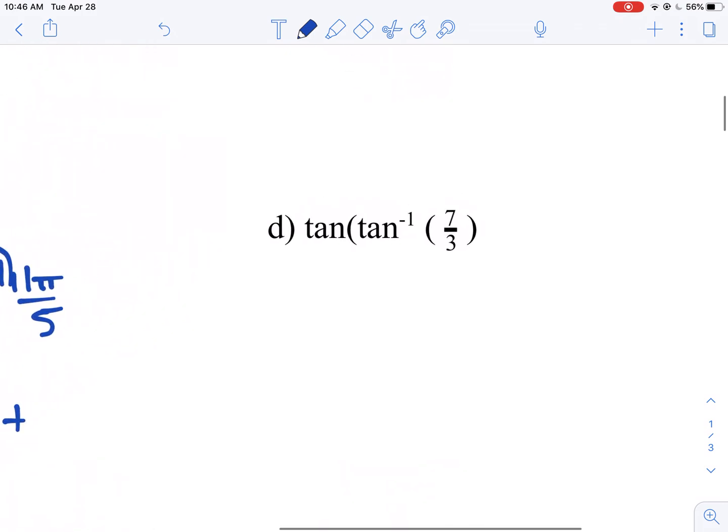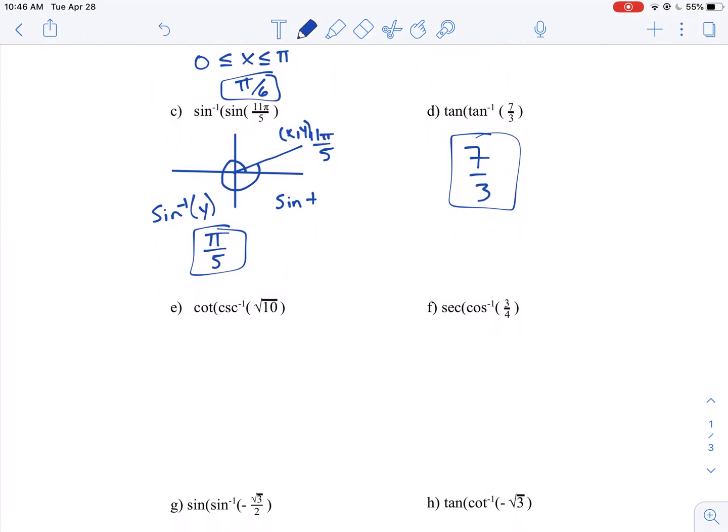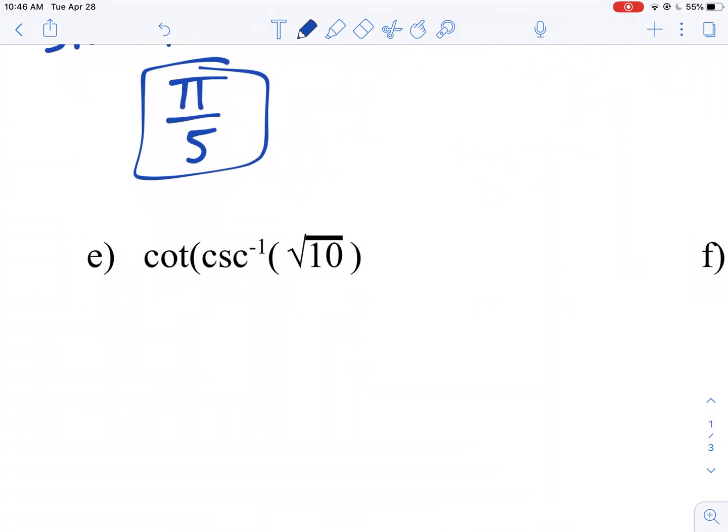Tangent of the tangent inverse of 7 over 3. This one is in all real numbers, so I can just say that that answer is 7 over 3. That one's very straightforward. What is the cotangent of the inverse cosecant of root 10? Here I can rewrite my cosecant of theta equal to root 10 over 1.